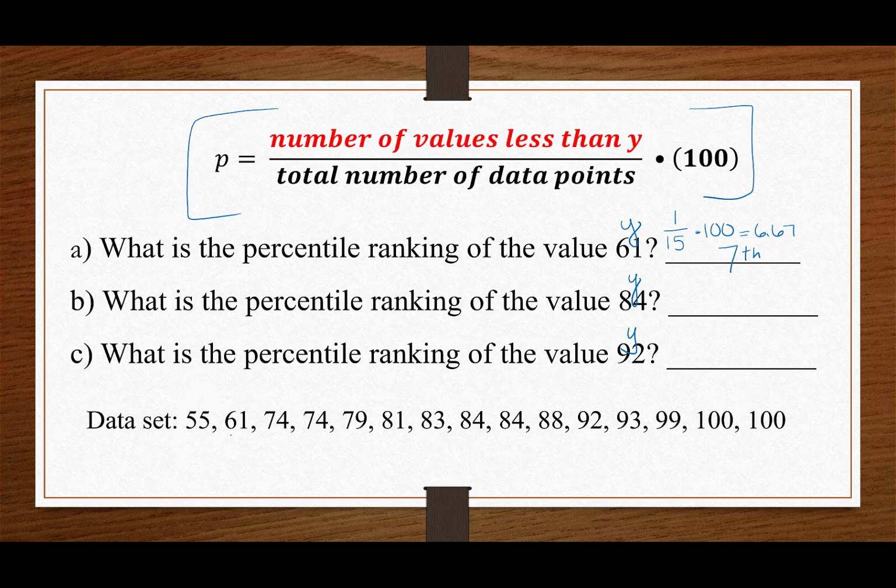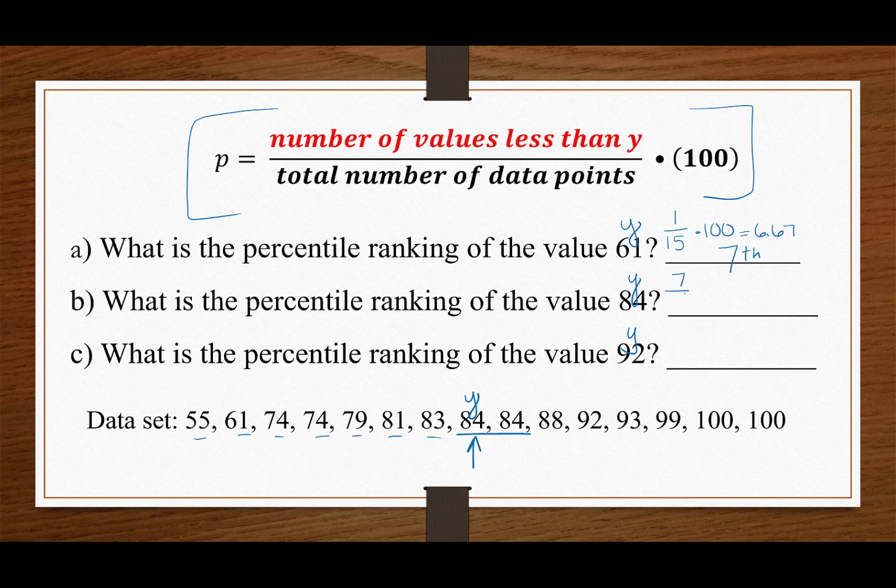Question B, what is the percentile ranking of the value 84? Notice that there's two 84s. I want you to count the number of values less than y and let y be the first 84 on that list. So this will be 1, 2, 3, 4, 5, 6, 7.